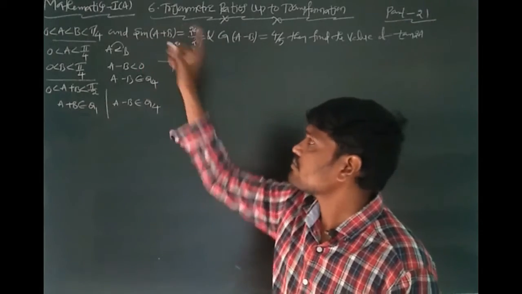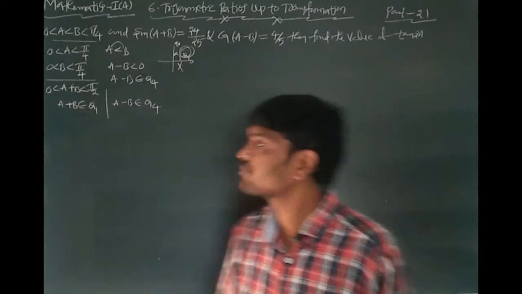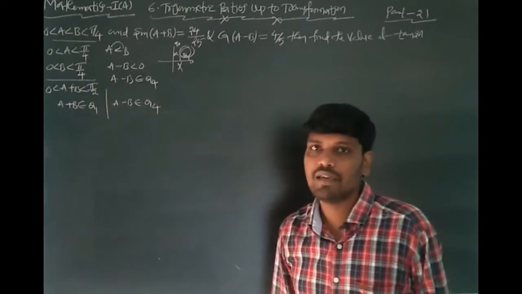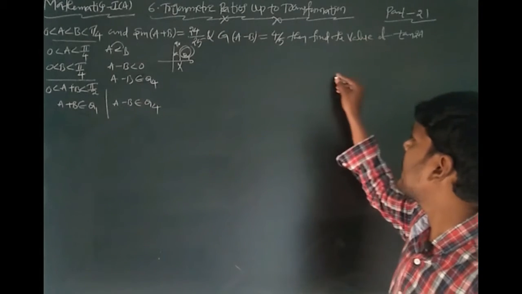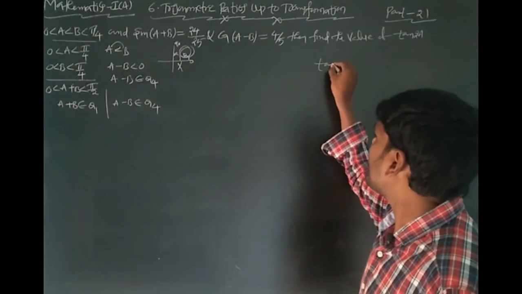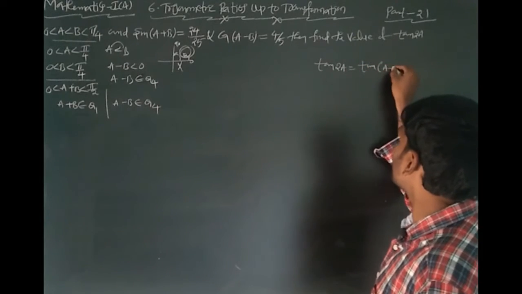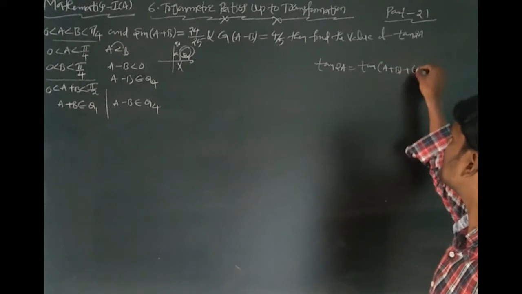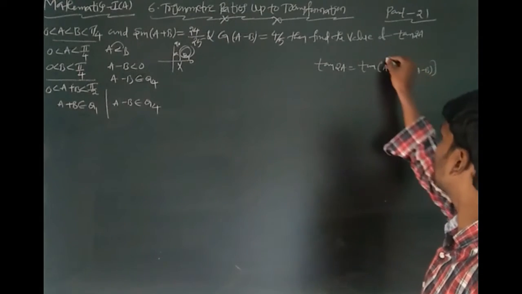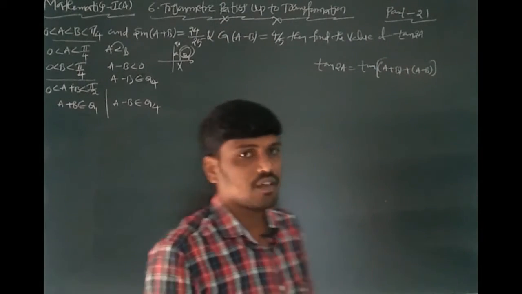After that, sine of a plus b is given and cos of a minus b is given, and you can find tan a. You can write tan 2a as tan of (a plus b) plus (a minus b). Correct or not, students? Check first of all.